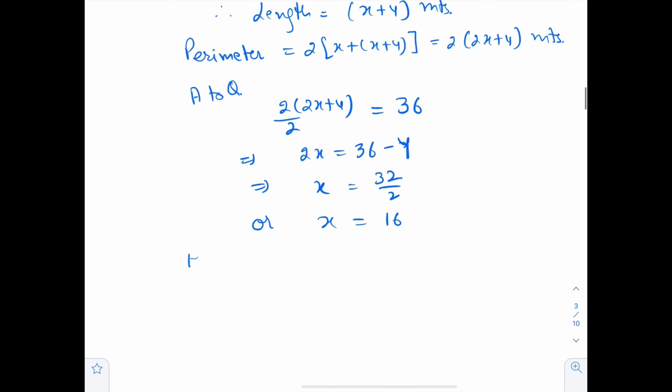So x equal to 16, hence length of the garden equal to x plus 4.